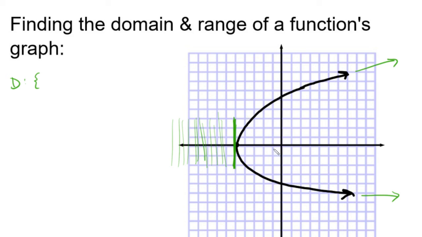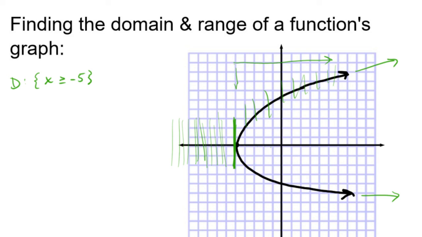So that means -1, -2, -3, -4, -5. -5 is the farthest to the left x value. And then all of these x values are going to get touched at some point. So all of the x's that are greater than or equal to -5, those are your values for your domain.